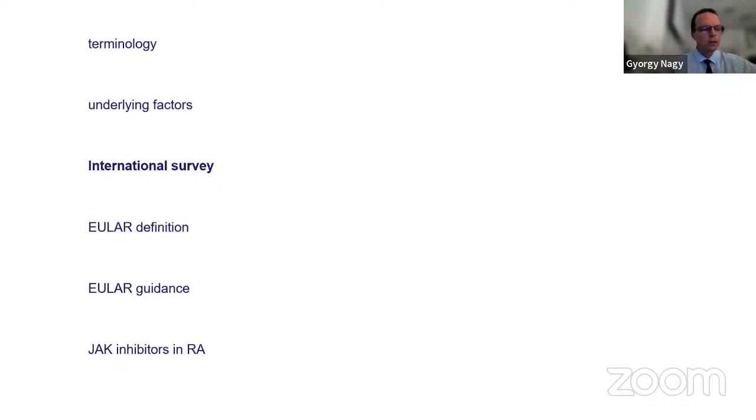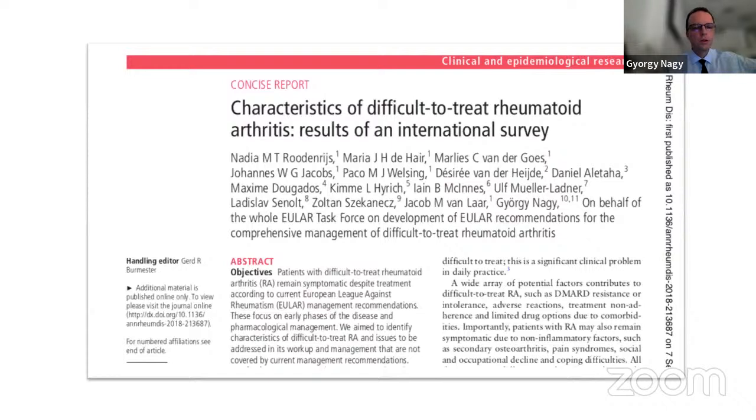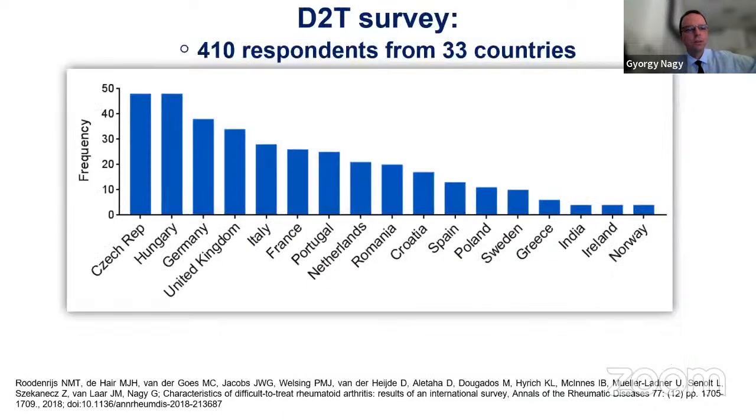So let's see the results of an international survey, which was conducted a few years ago. The reason was that we thought it would be very important to receive input from clinicians, what they think about this concept, what aspects they would include in difficult to treat patients.